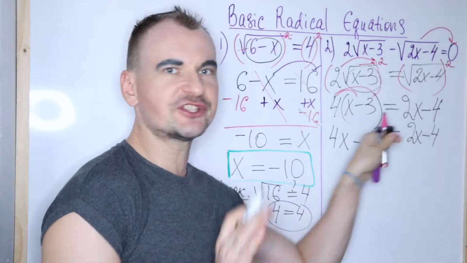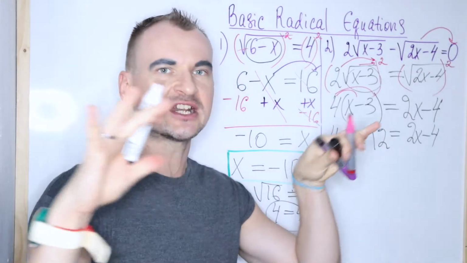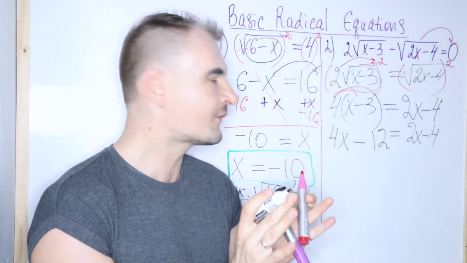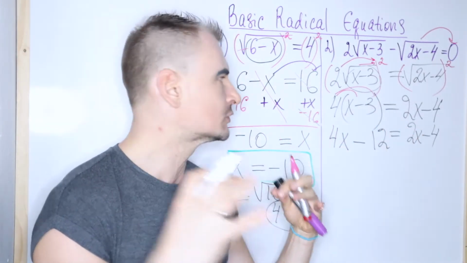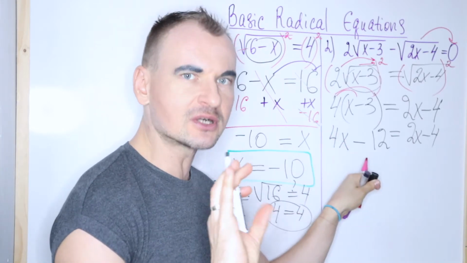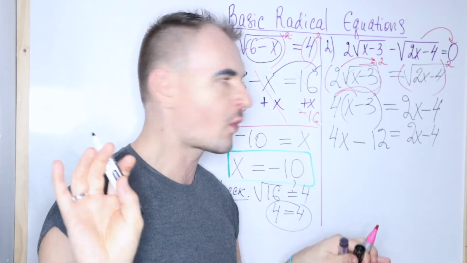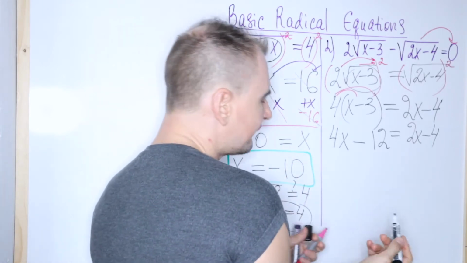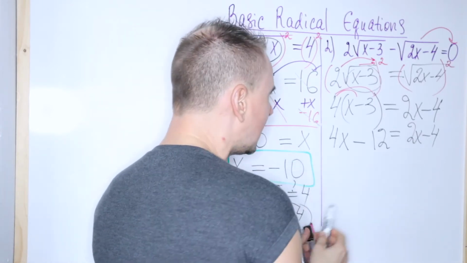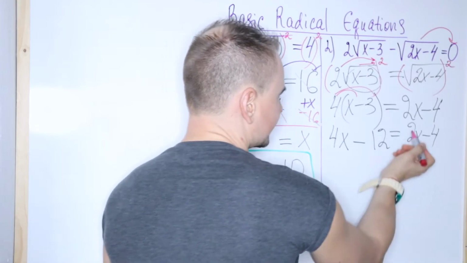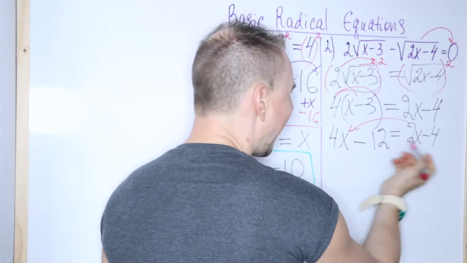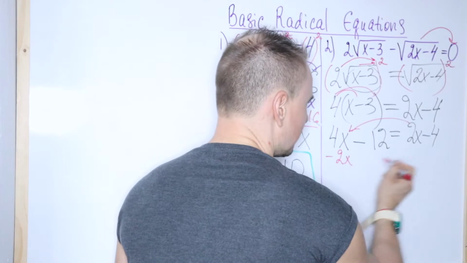At this point, since your terms are kind of scattered around, the good rule of thumb is you want to combine your x terms on one side of your equation, and you want to combine your numbers, your constants, on the other side. So the way you would do it, you just typically move this 2x to the left side by subtracting 2x from both sides.